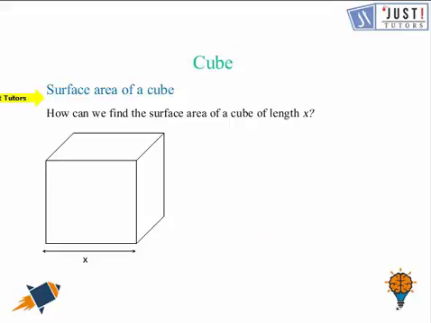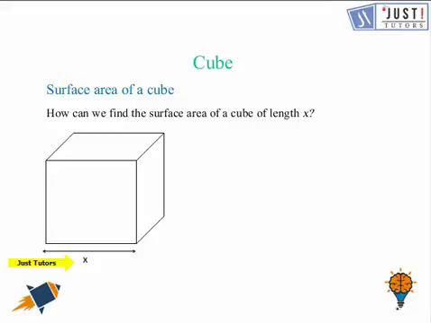If we are calculating the surface area of a cube where the length is given as x, how do you think we can calculate it? Do you know how to find the area of a square, a 2D flat shape? We calculate it by multiplying the length with the width or breadth.